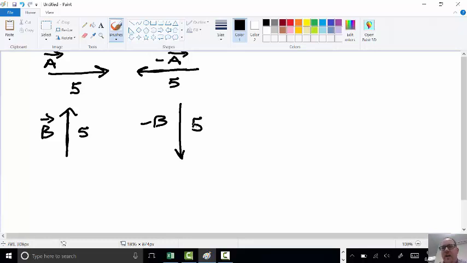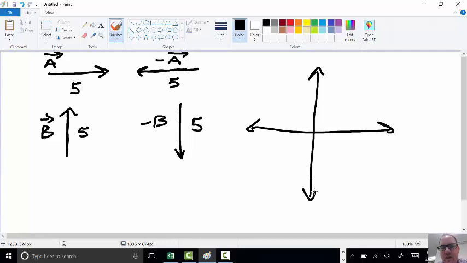So we learned on the last video how to add vectors. So let's just kind of redo that. So let's say I put my coordinate system on here. We always put a coordinate system when we're adding vectors. And this is graphically adding them. I'll change colors so you can easily see this.